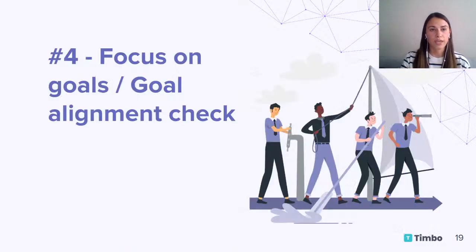Let's move on to case number 4. This is a case where you'd like to focus on goals and a goal alignment check. Again, if standard processes are not working and standard retros stop delivering value, you might need to look at some other angles.